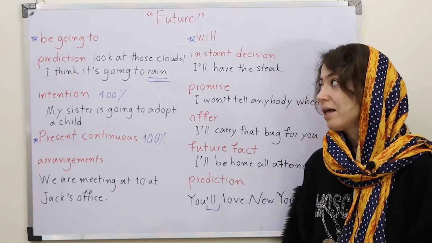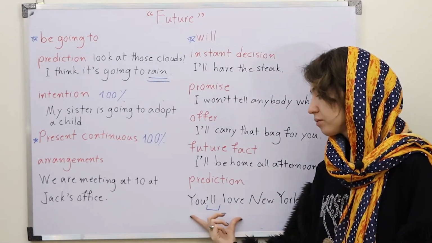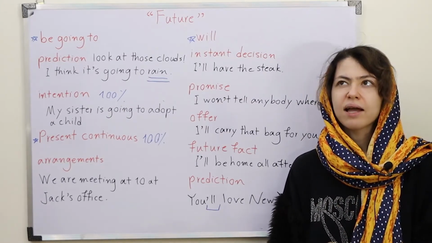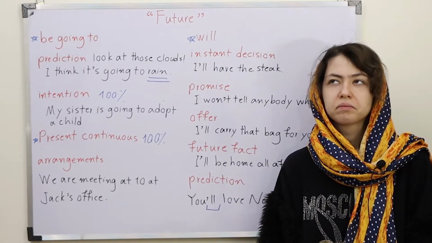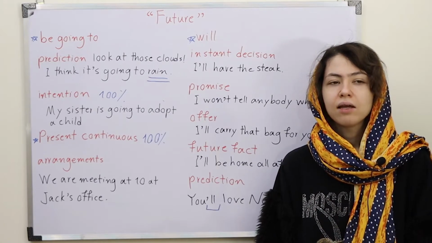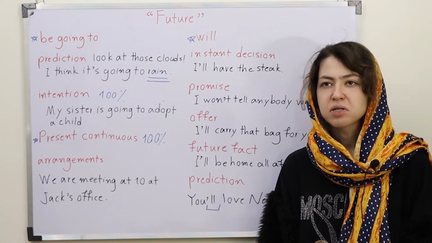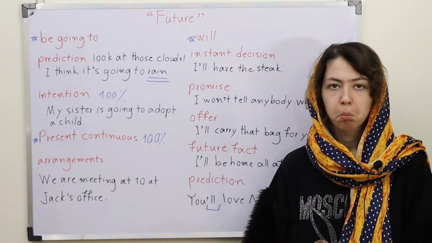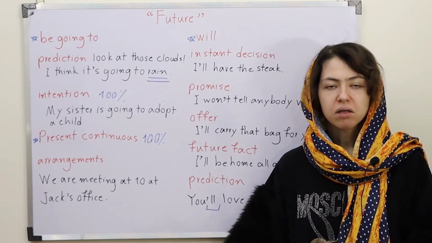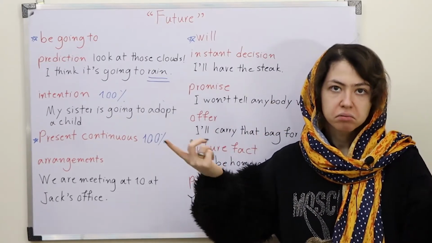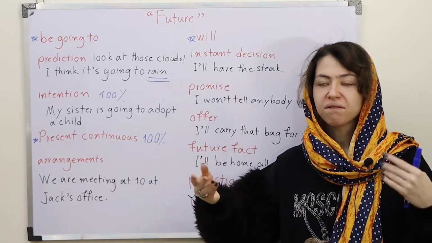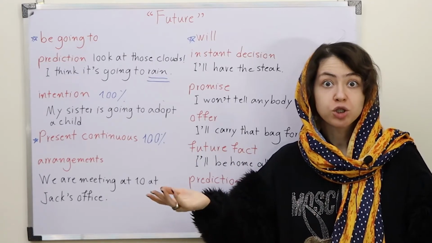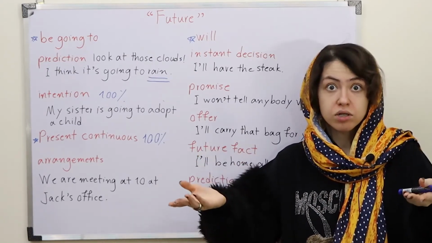So let's see. Here, for instance, I can say, she won't be successful because I hate her. That's it. It's based on a personal thought because I don't have any other proof that shows that she's going to be unsuccessful.